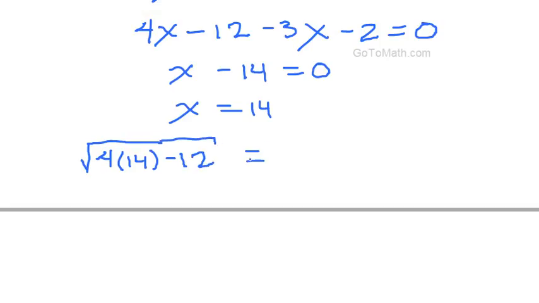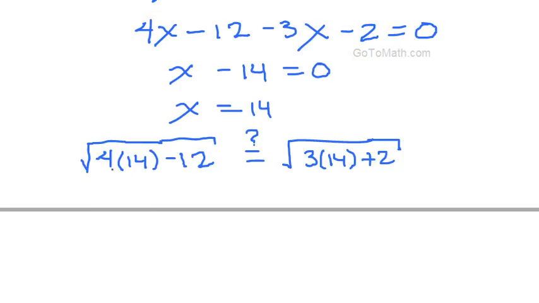And of course we're going to write an equal sign here, but we're going to put a question mark. It's in question, okay? And then we'll do the right hand side, and that was going to be the square root of 3 times 14 plus 2. Okay, so I'm not saying it's equal, it's just a question.